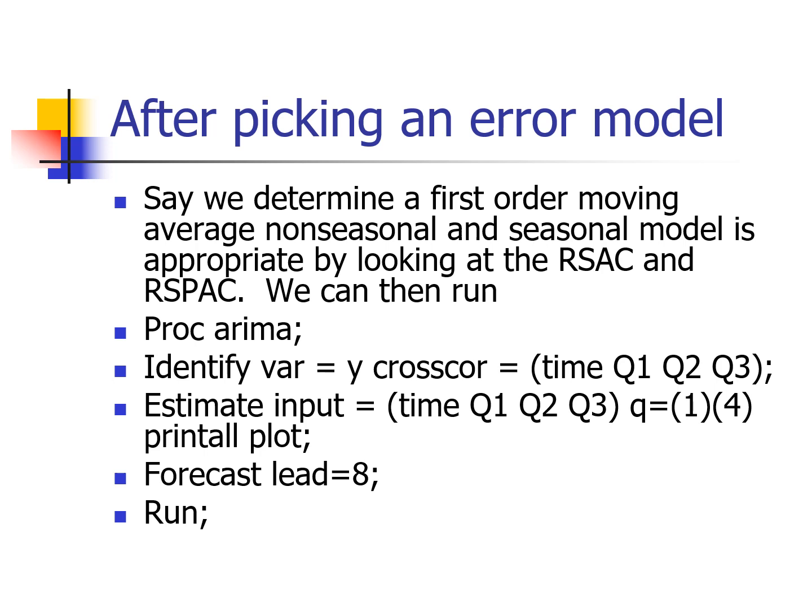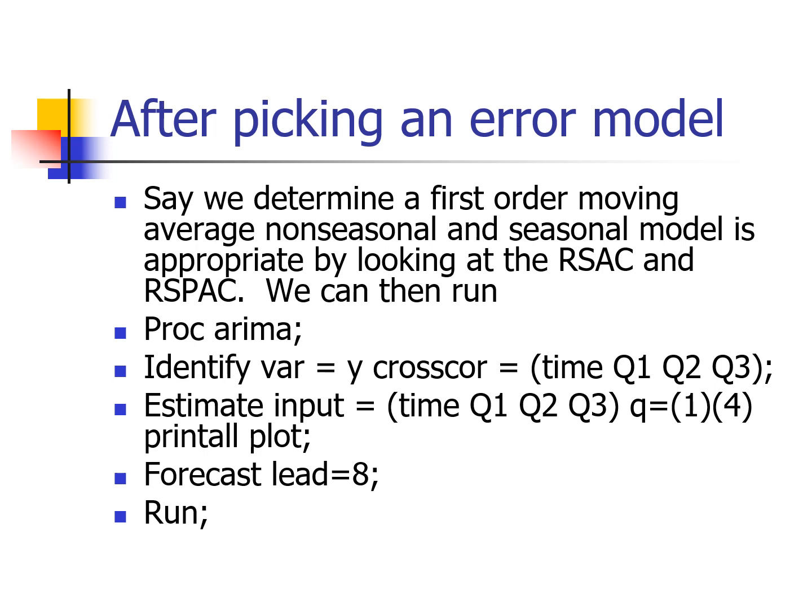So once we've determined an error model, for example, say we think a first order non-seasonal moving average and a first order seasonal moving average model is appropriate, then we would just add the extra line q equals (1). That's the first order non-seasonal model.